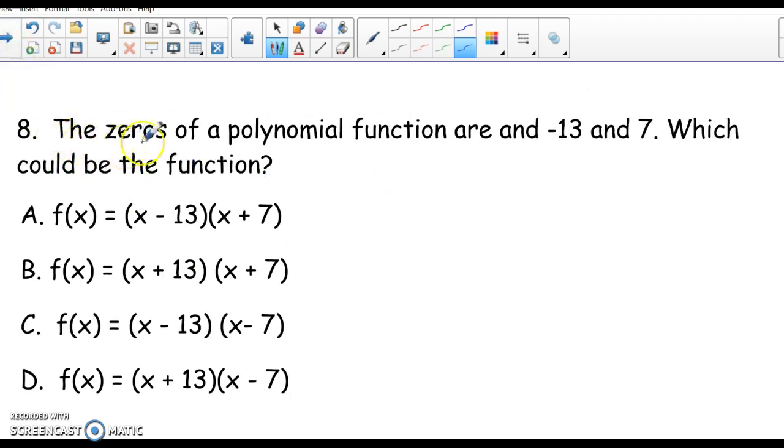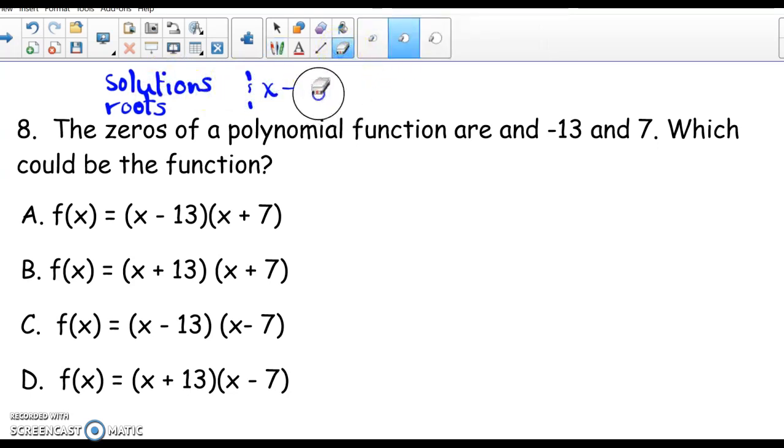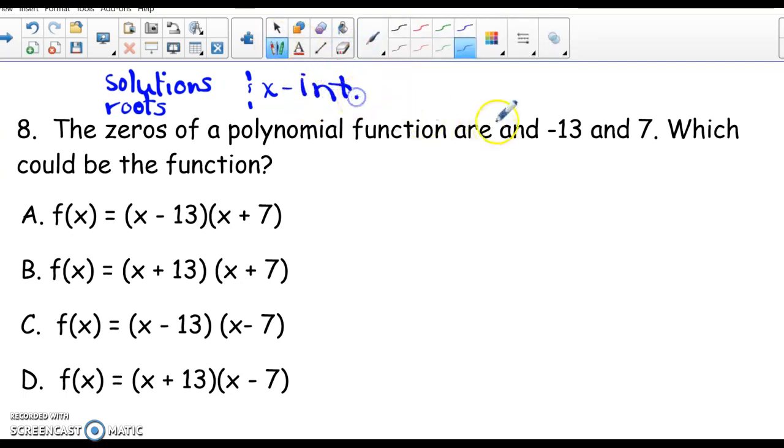The zeros are the same things as the roots, solutions, and x-intercepts. So when I look at these two, which could be the function that gives me these?